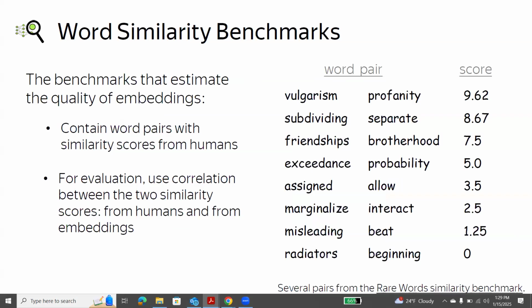Yes, there are some benchmarks that are used for extrinsic evaluation. I'm just noticing that some of the tokens are like apostrophe S or apostrophe VE. So it's not full words.